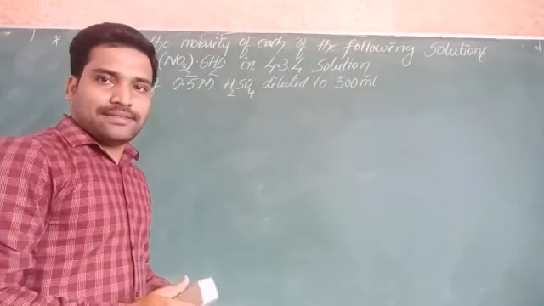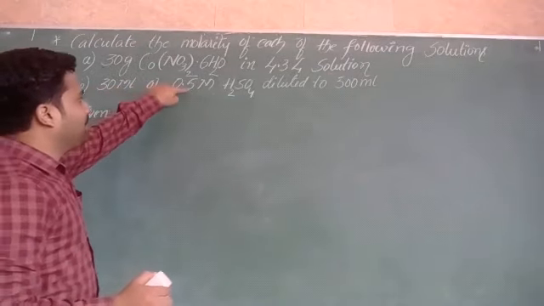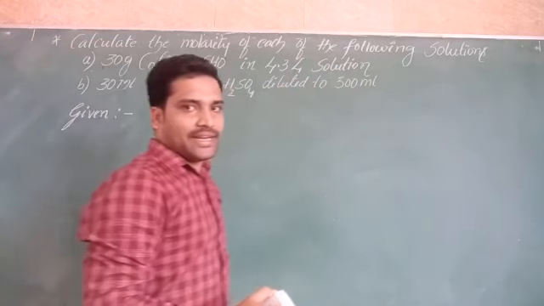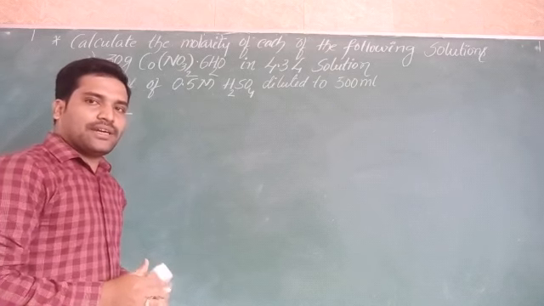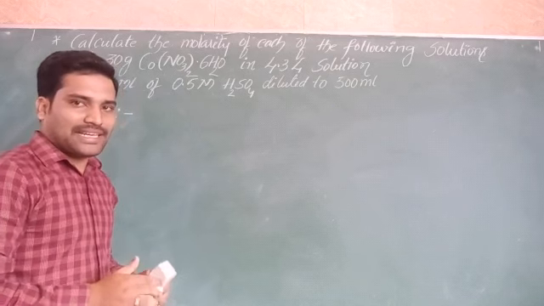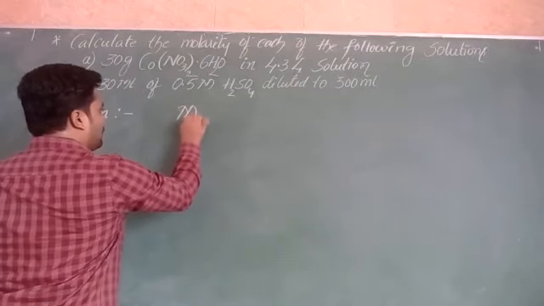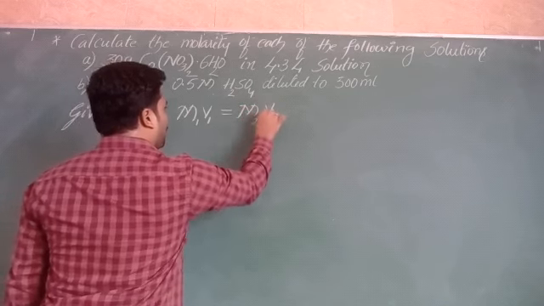Okay, now let's see the second target, that is 30 ml of 0.5 m H2SO4 diluted to 500 ml. So this problem is based on dilution, that is, a molarity equation we need to use here. You know that M1 V1 is equal to M2 V2.